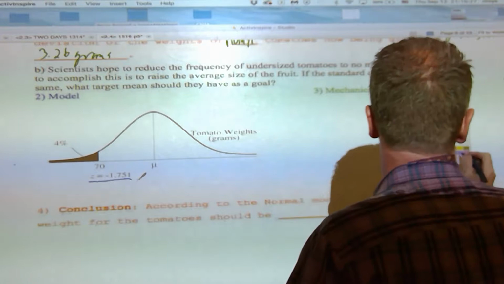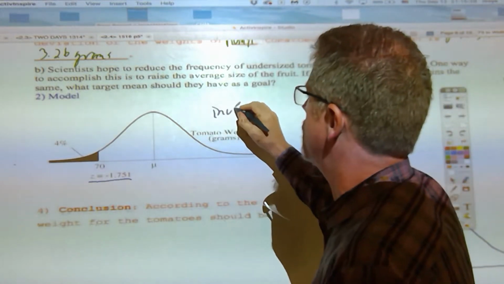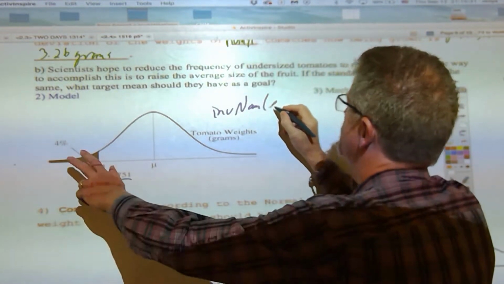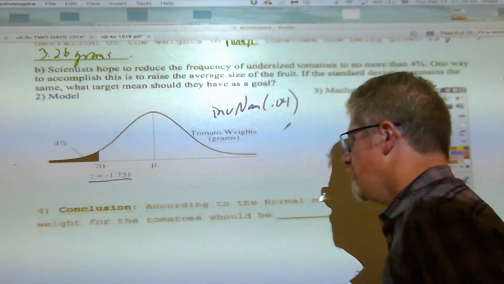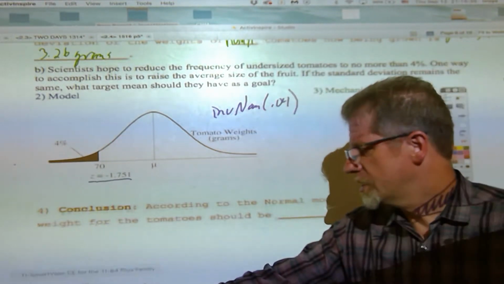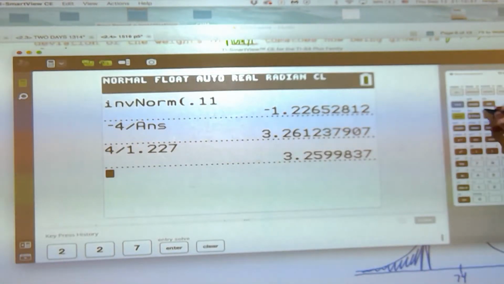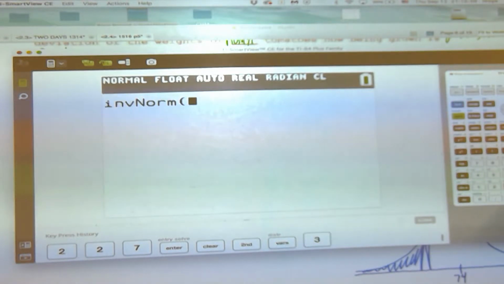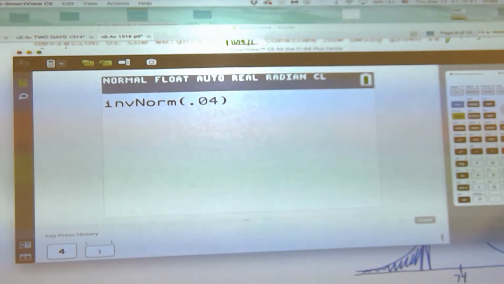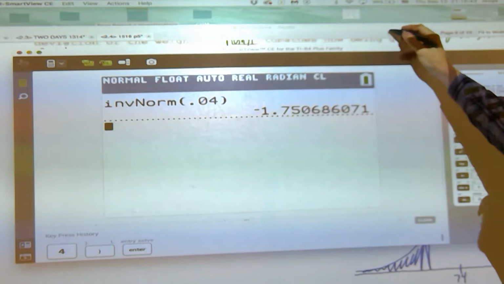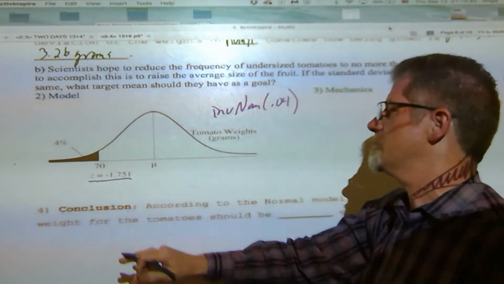Well, of course, that came from inverse normal of the left area 0.04. You can confirm on your calculator that distribution inverse normal 0.04 is in fact negative 1.751, so that's where it came from.